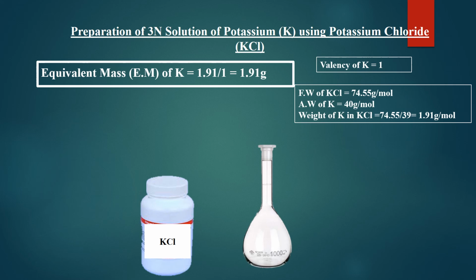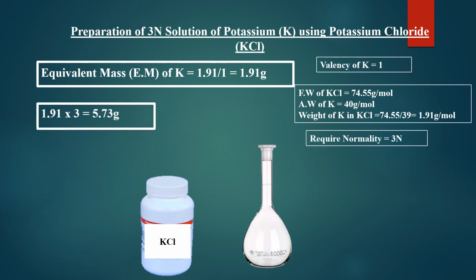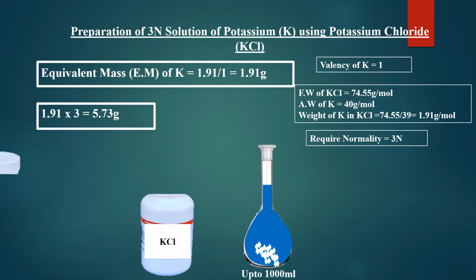Now multiply 1.91 with 3, as we want to prepare 3 normal solution. So the answer is 5.73 grams. Take 5.73 grams of potassium chloride. Dissolve it in water and dilute the solution up to 1000 milliliters. This will be 3 normal solution of potassium.